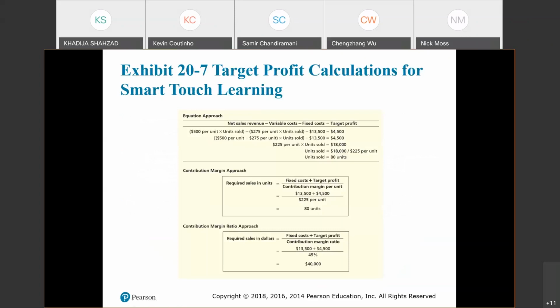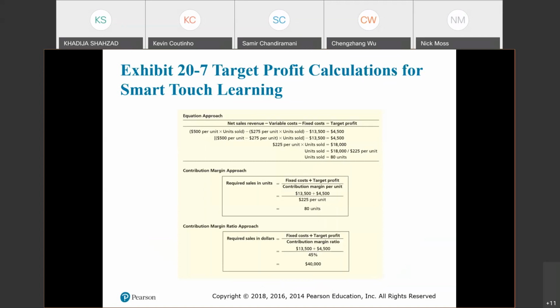Okay. In this case, for example, the company requires a target profit of $4,500 instead of $0.